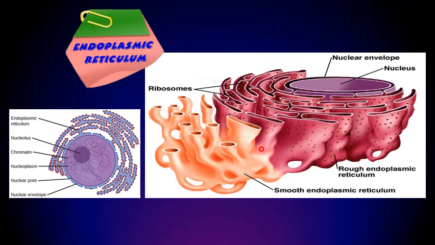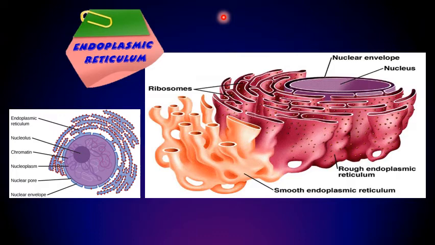The rough endoplasmic reticulum is flattened in shape. It is attached by ribosomes on its outer surface and it continues from the nuclear envelope. Whereas the smooth endoplasmic reticulum is tubular in shape. It is devoid of ribosomes and it is interconnected tubules.